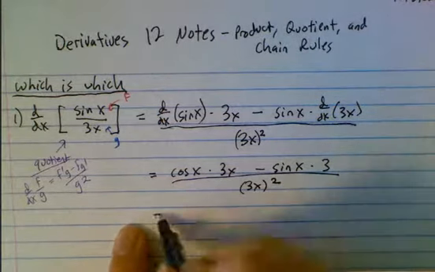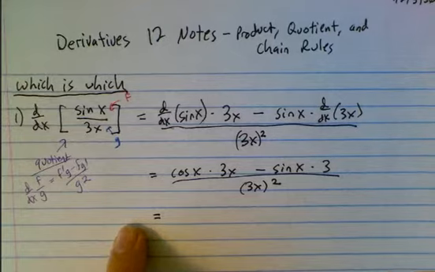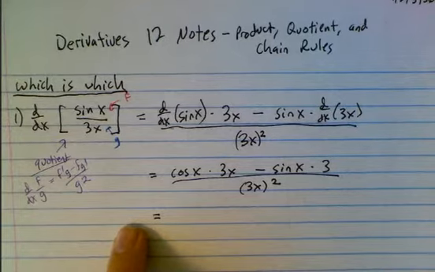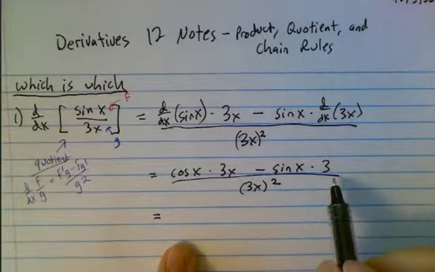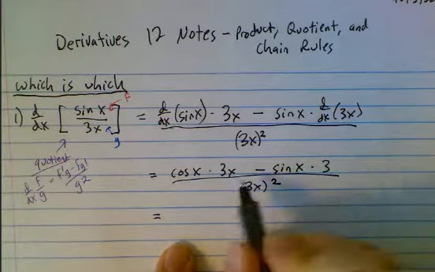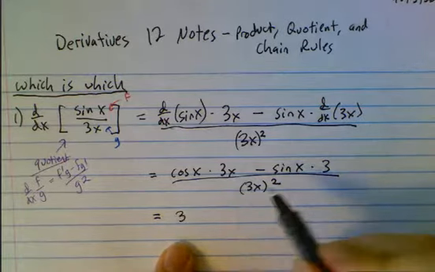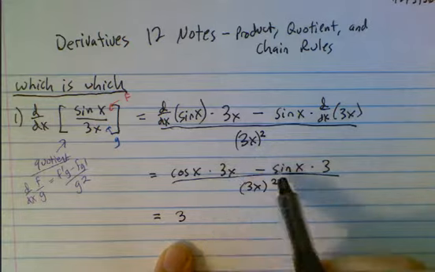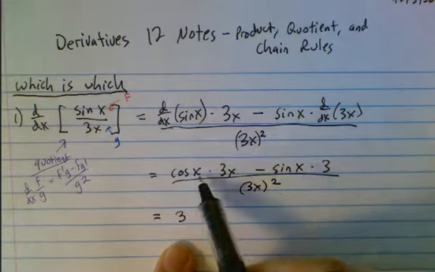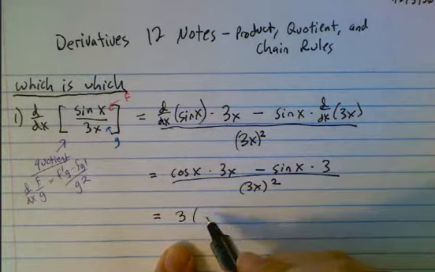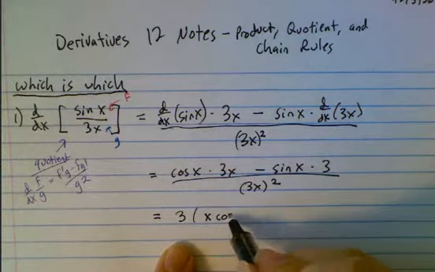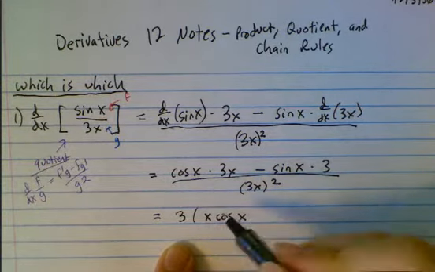With these problems, you should simplify at the end because typically you're going to see your answer choices in simplified form. So we notice that there's a 3 in both of these, so we can factor out a 3 in the numerator. Notice this cosine of x and sine of x, the x's are attached to the sine and cosine, so we can't factor out an x. This x from right here is still there though.